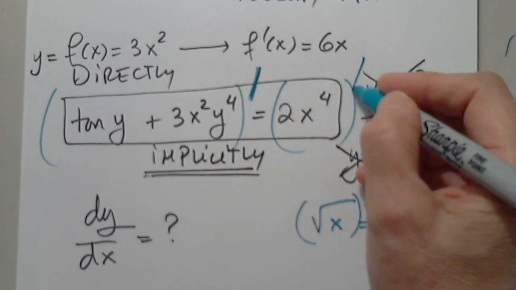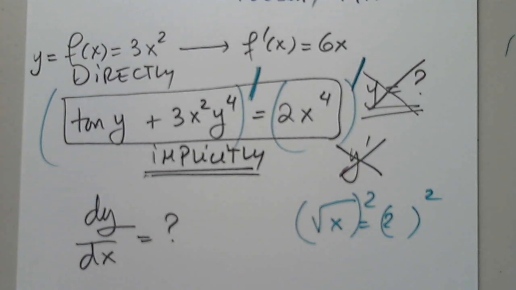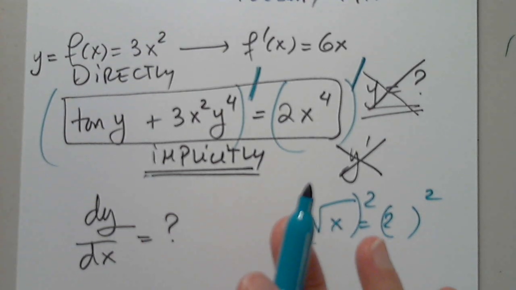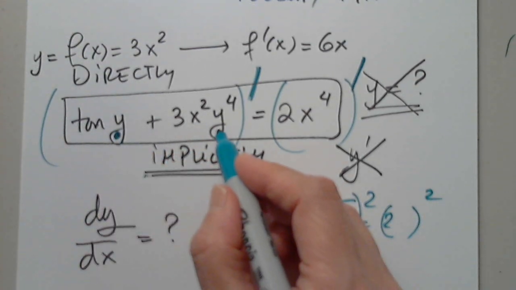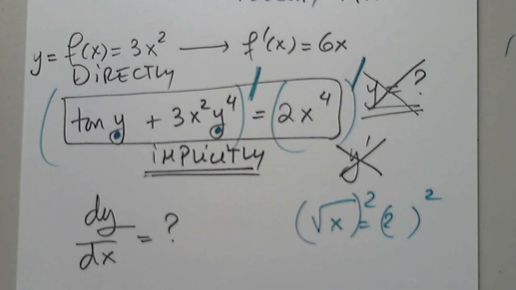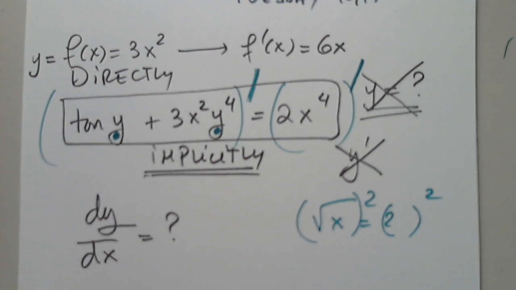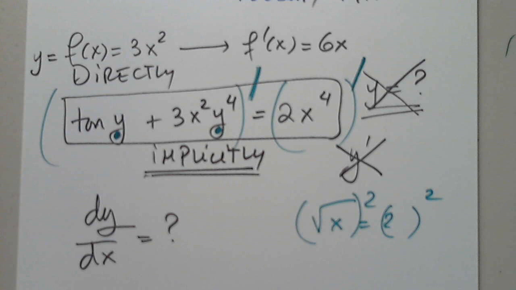I'm allowed to apply this procedure, this operator, to both sides. And I have to be careful that y is a function of x. What I suggest to my students, just to make sure you don't forget, is to put a little dot under y. That will say basically, caution, caution, y is a function of x.